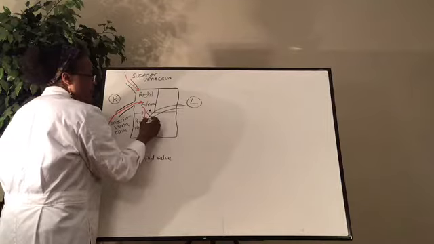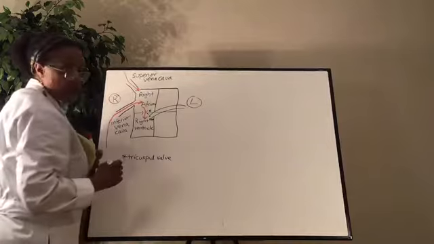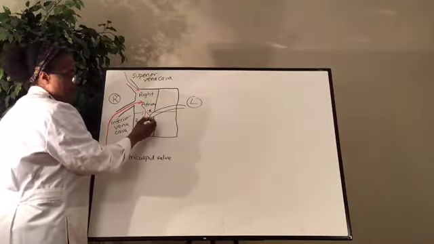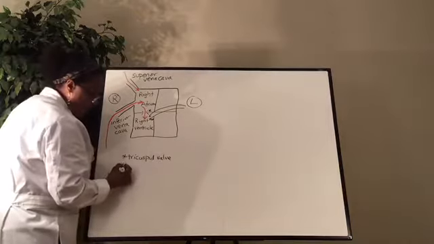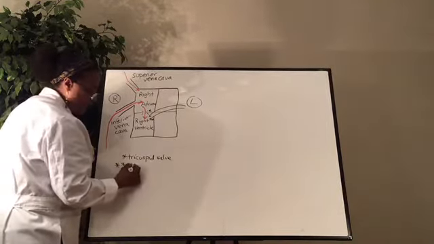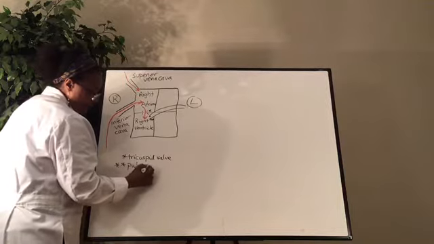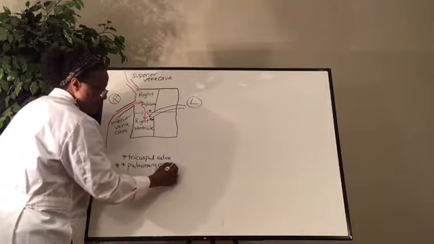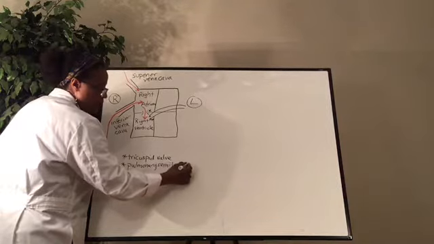I'm going to put 2 asterisks there because the word is too big for me to write for that valve. It's a valve right here, here, and here. 2 asterisks here will indicate a pulmonary semilunar. Remember that half moon that we talked about? Semilunar valve.